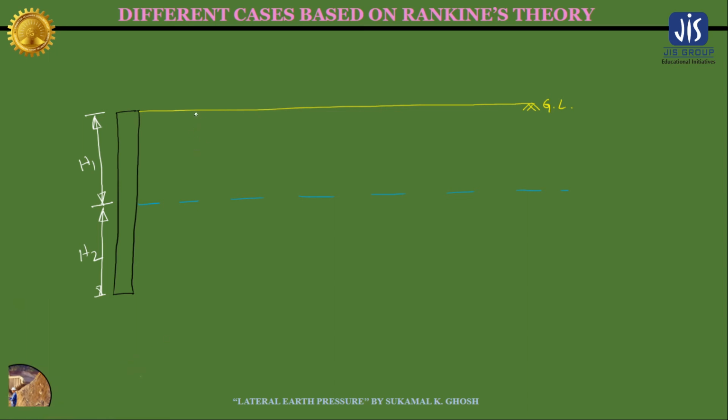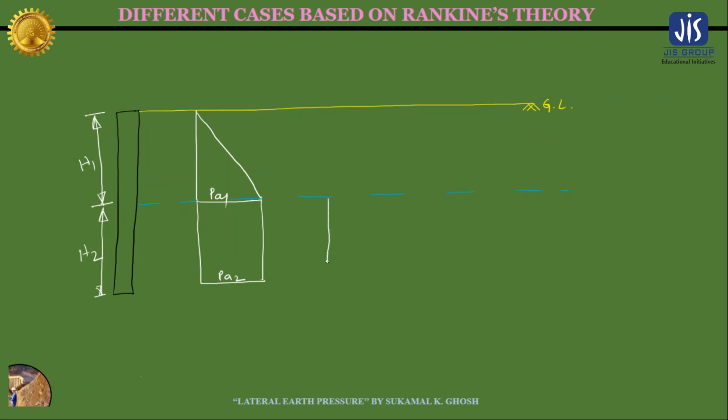Now we have this is PA, right? This is PA1, this is PA2.